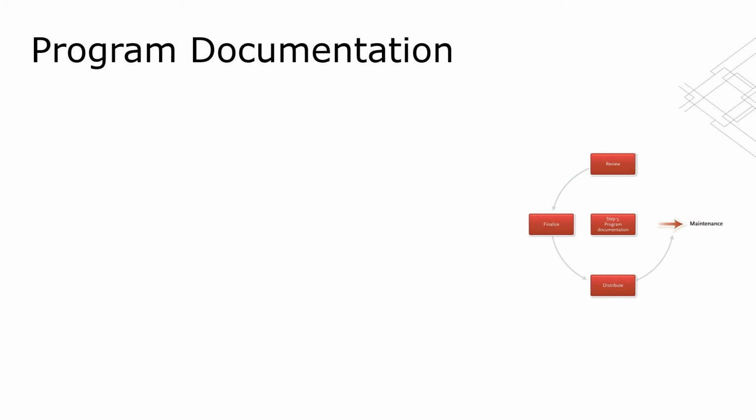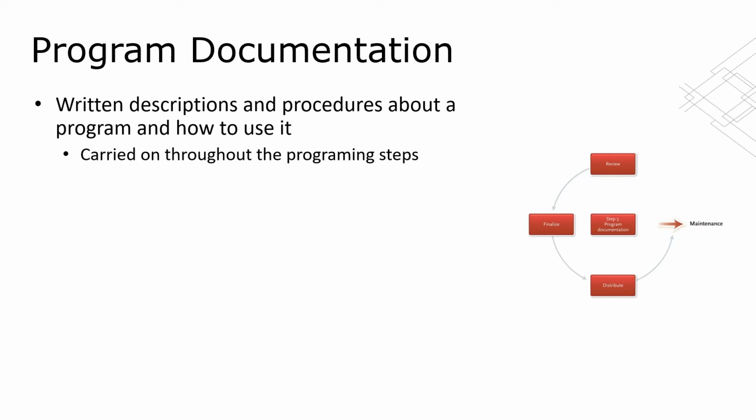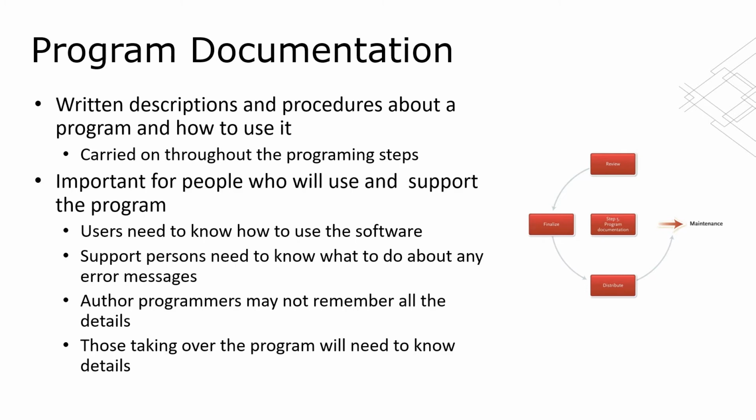After the program has been tested, then it must be documented. Program documentation refers to written description and procedures about a program and how to use it. And this process is carried on throughout the programming step.